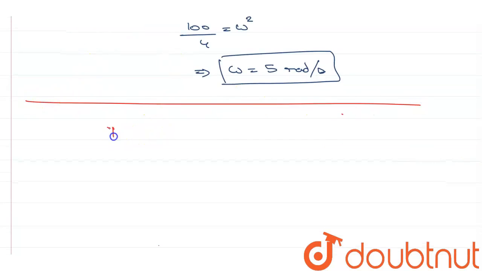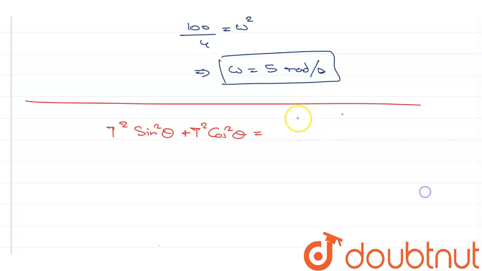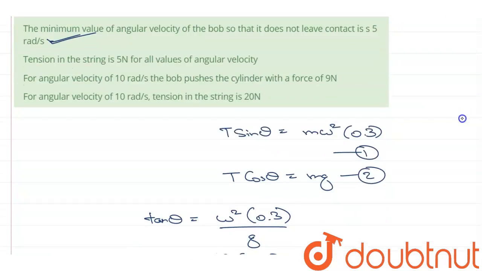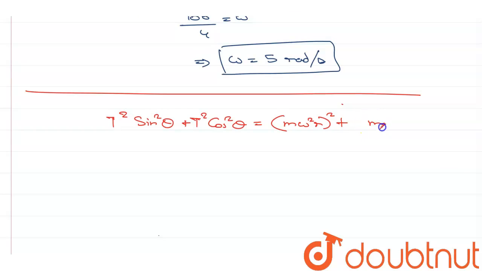I get T square sin square theta plus T square cos square theta is equal to (m omega square r) whole square plus (mg) whole squared. Now if I take T square common, then sin square theta plus cos square theta will become 1.